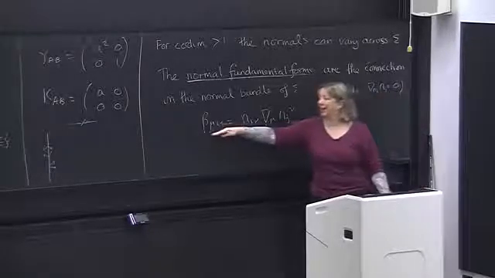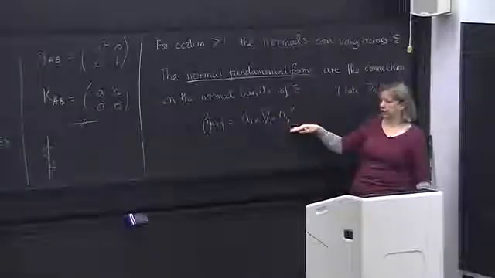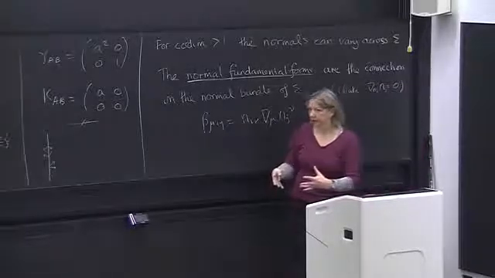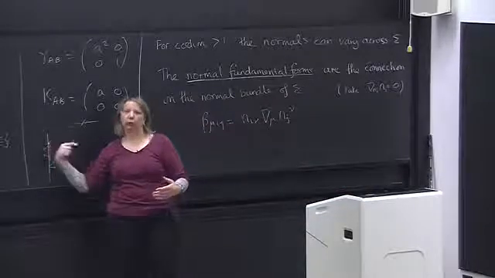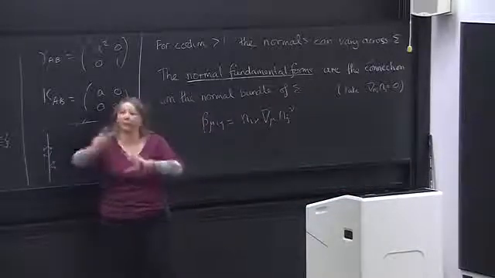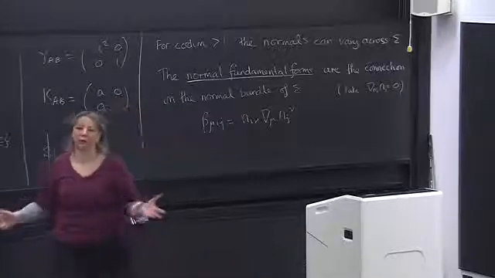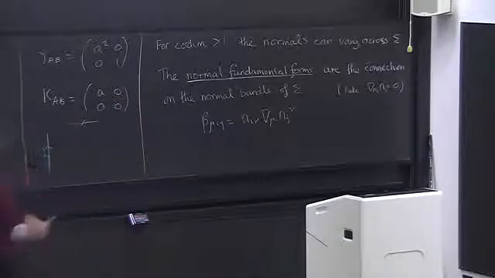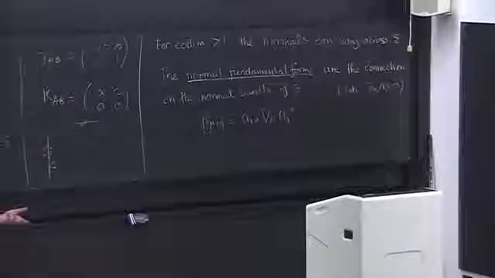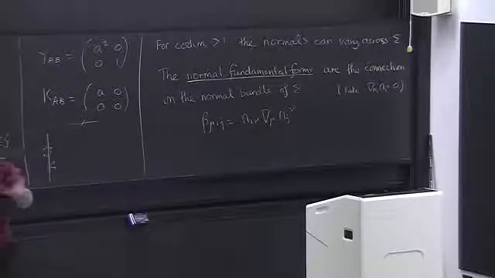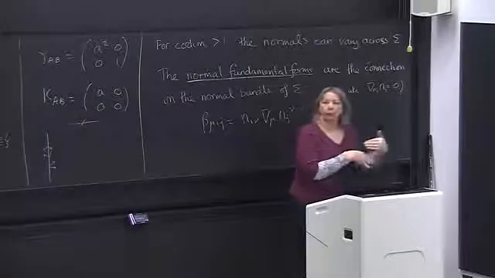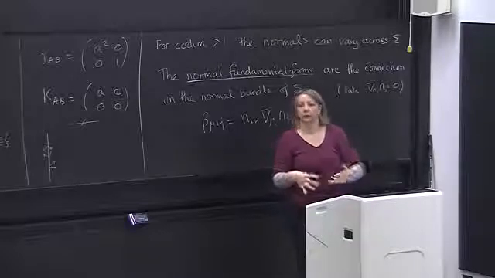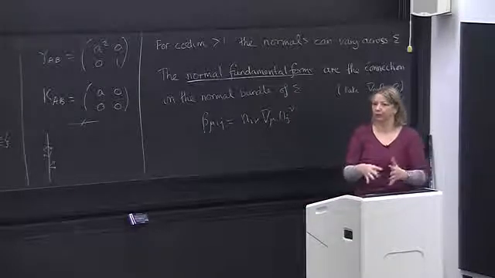So beta itself is not directly a physical quantity because, as you see, I can sit and twiddle with my normals as much as I want and change beta locally, but I can't change d beta plus beta wedge beta, the usual curvature piece. So it knows about the normal pieces of curvature, if that's what you were asking.